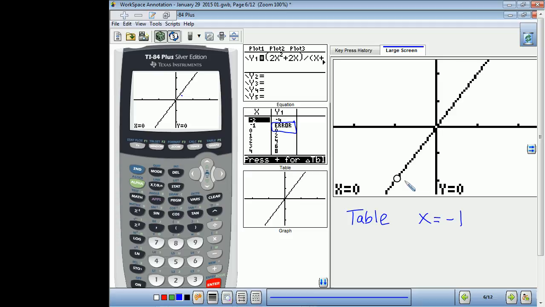Okay, now, some of your calculators won't have this missing spot, but there is a missing spot right here. It's called a hole in the graph. That's why we use this calculator. Does that make sense?